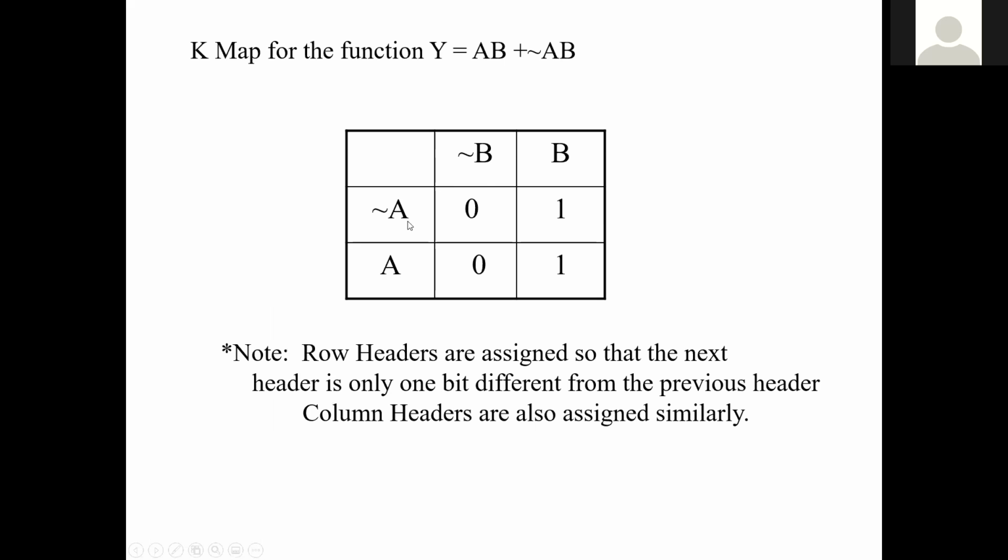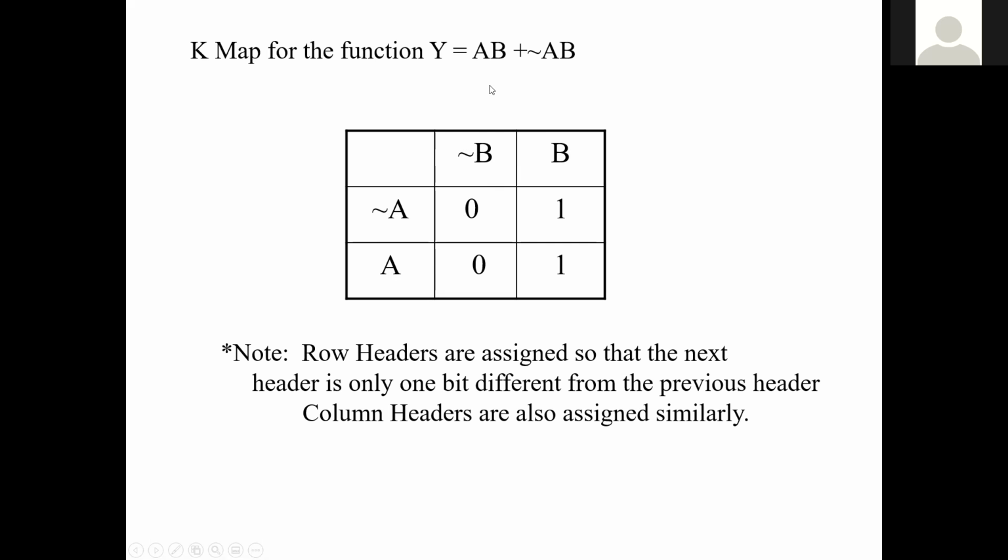For our row, we start with not A and we proceed with A. This is not a binary series. How you generate the next row is see to it that the next value is 1 bit different. So A is 1 bit different from not A. You start with 0 always. And for B, we start with not B and the next is B.